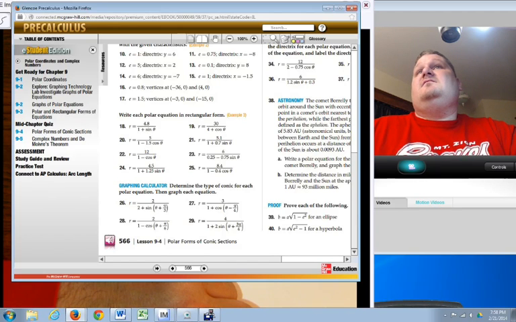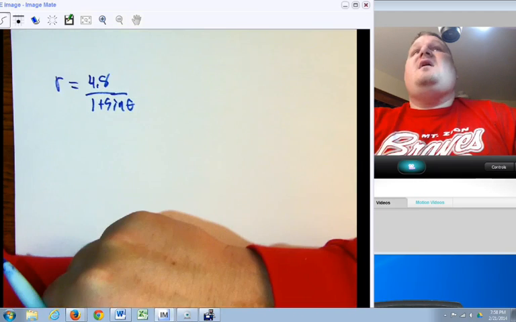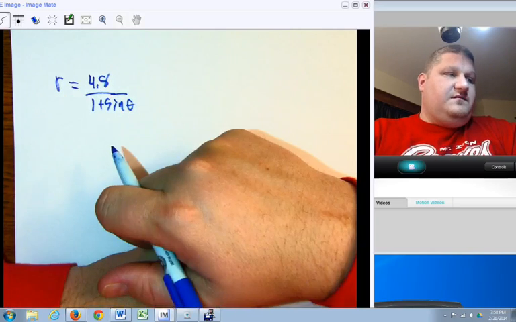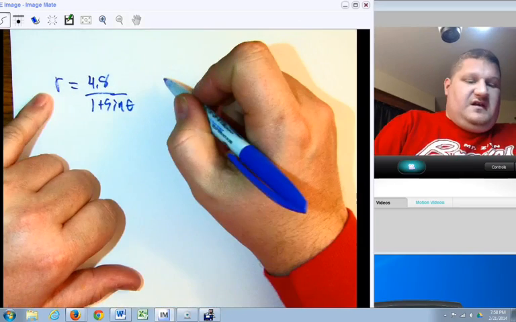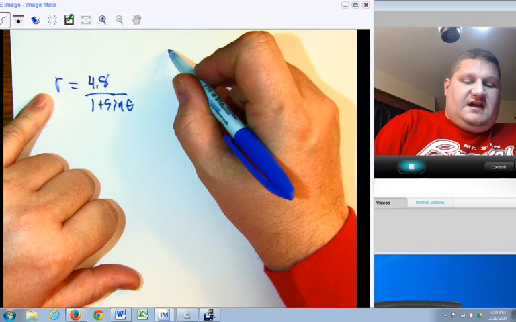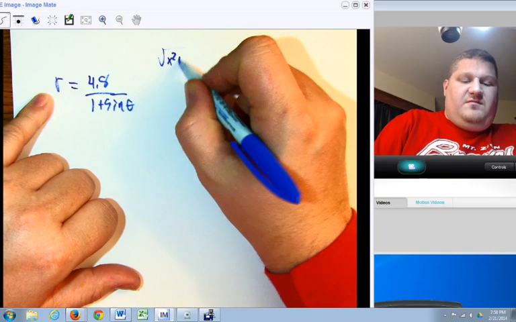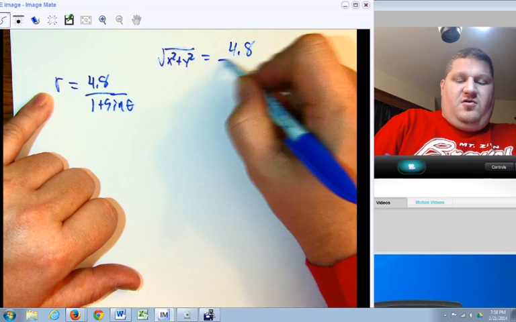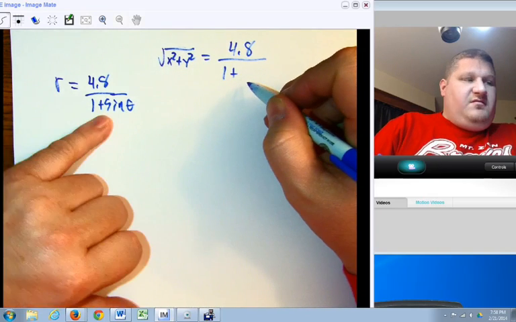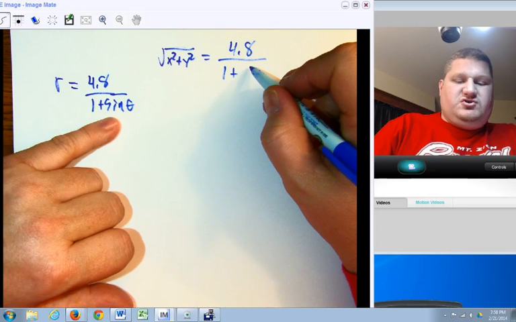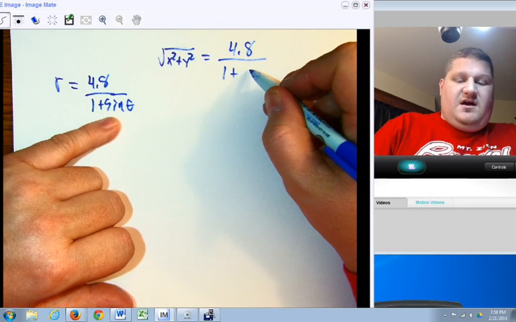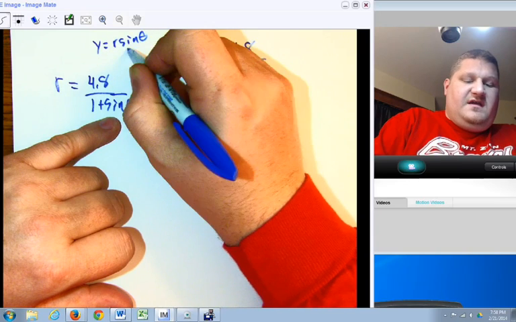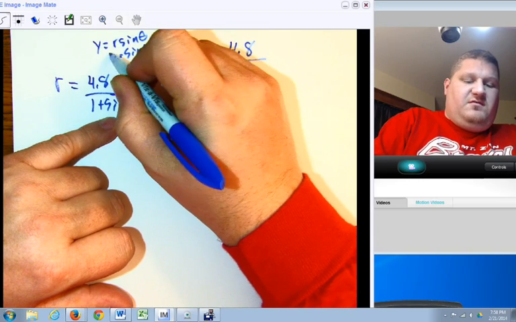And go to work on it. How do I convert this into something else? Now, this would be easy enough to change. I could say r equals the square root of x squared plus y squared equals 4.8 over 1 plus, the problem is I have no r here, so we end up with, since y equals r sine theta, sine theta by itself would equal y over r.